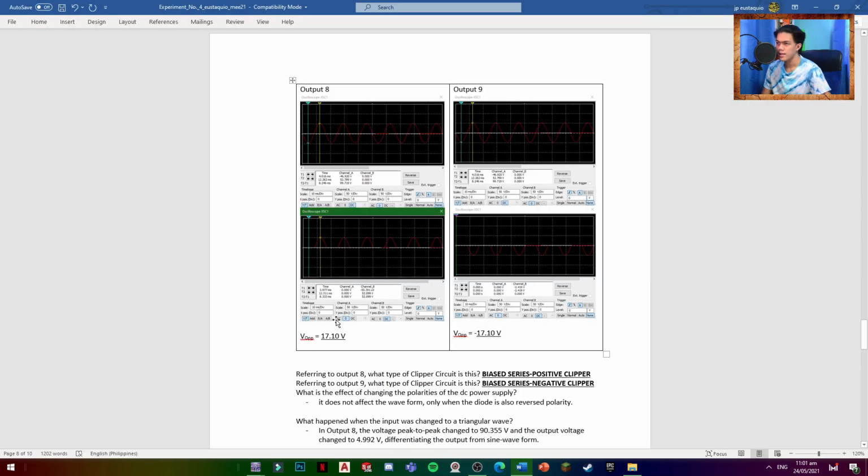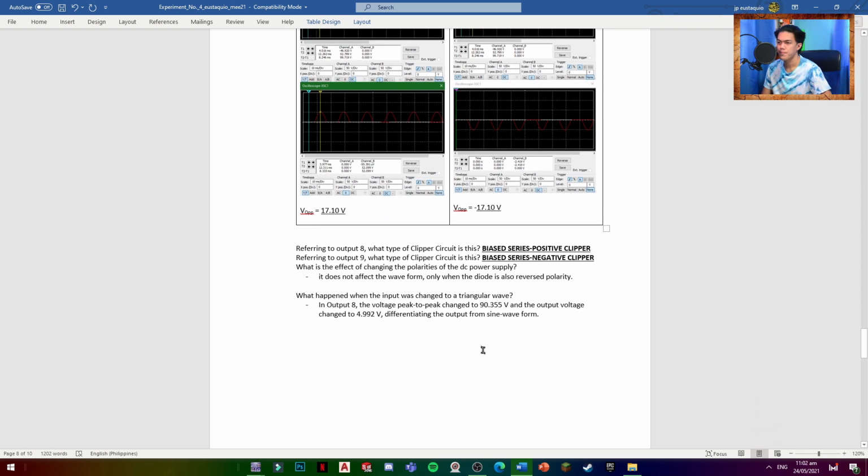So here are the data that I've gathered. It had a voltage output of 17.10 volts, and for output number 9 it had a voltage output of negative 17.10 volts.